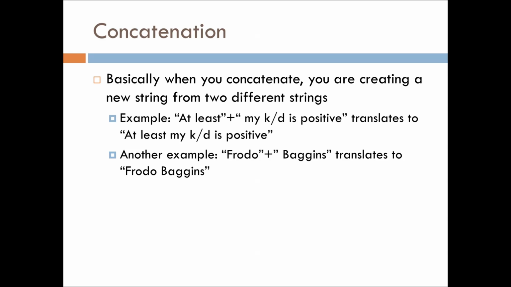So the examples I have here, at least, and then you use plus to concatenate. My KD is positive translates to at least my KD is positive. Notice here there's a space. You have to designate the spaces whenever you're doing concatenation. Otherwise, if you had no space, at least and my would have been one word.